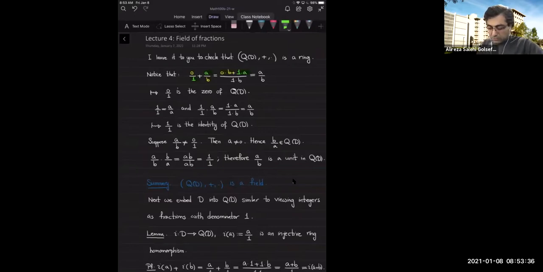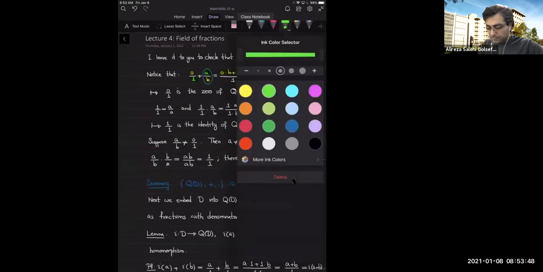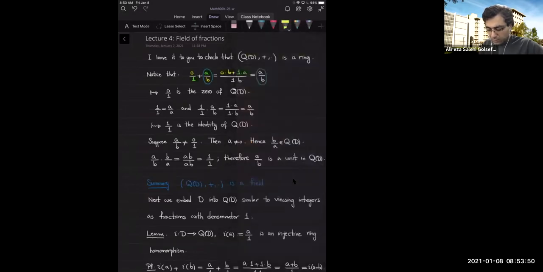So this shows that this is the neutral element, because when I added to this guy, I ended up getting the same fraction. So that means that 0 over 1 is the 0 of this ring.